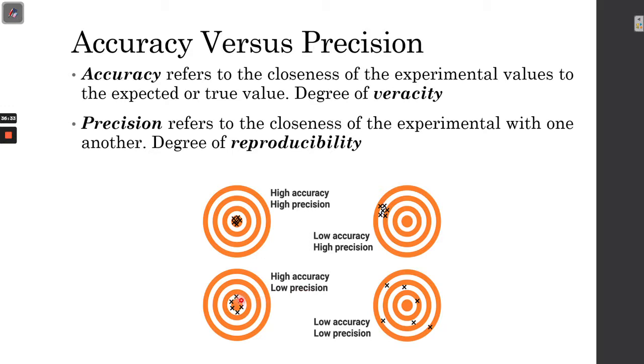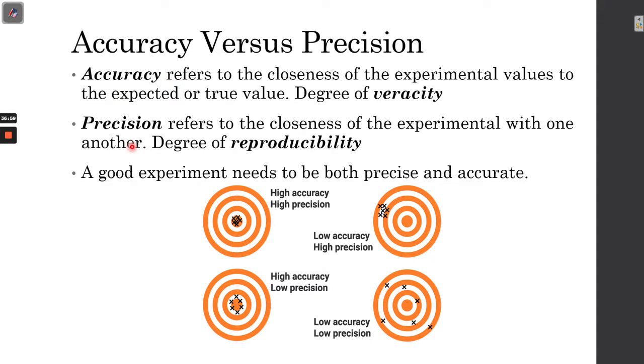Pero yung mga numbers mo is medyo magkakalayo. Malapit sila dun sa true answer pero magkakalayo yung mga nakukuha mong value if you compare them to one another. And sometimes you have low accuracy and low precision. Malayo yung number mo dun sa tamang sagot and malayo yung mga number na kinuha mo sa isa't isa. So in an experiment, you want both accuracy and precision. So a good experiment needs to be both precise and accurate.